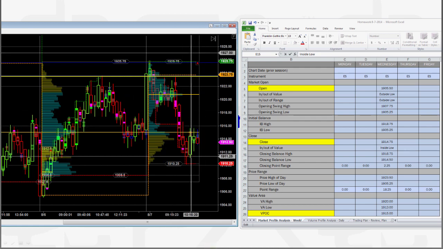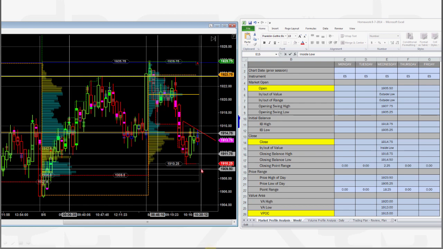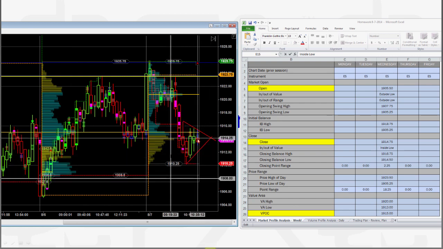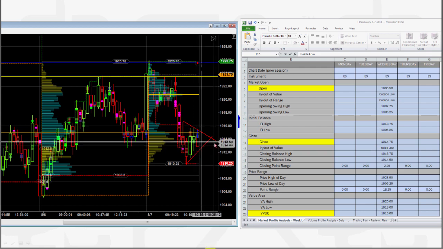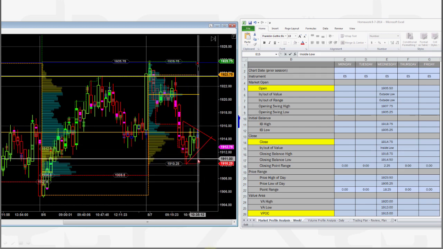And we may actually just start to see a little bit of absorption, little coiling on the ES. I don't know that that's going to happen, but we may start to see this start to coil. We'll see. But I would not consider this auction reopen until price moved back down into these areas.